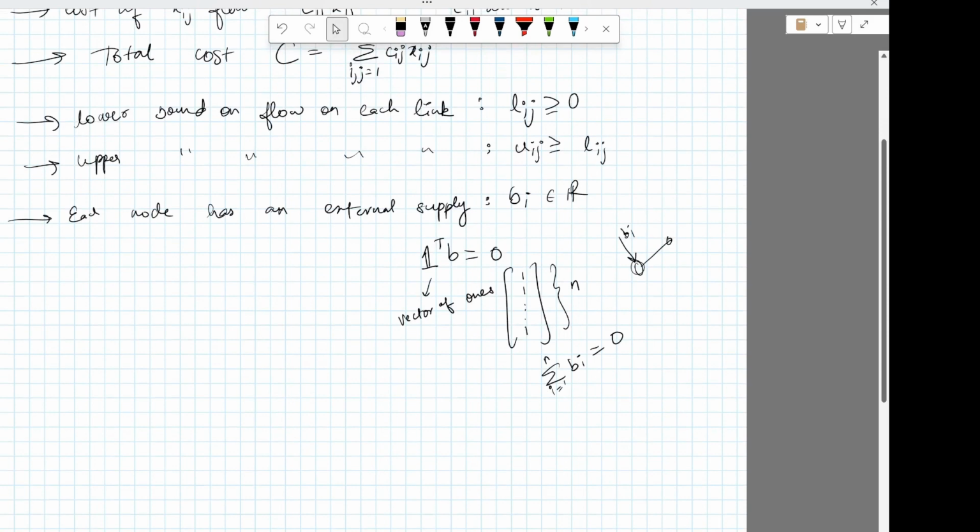So we need to define an LP to minimize C, the total cost.